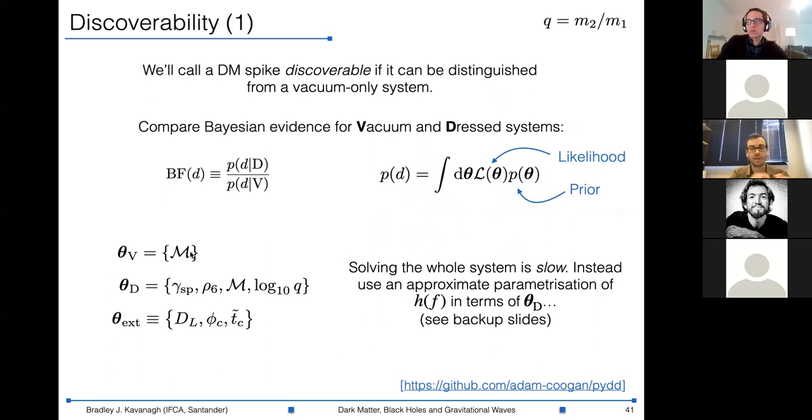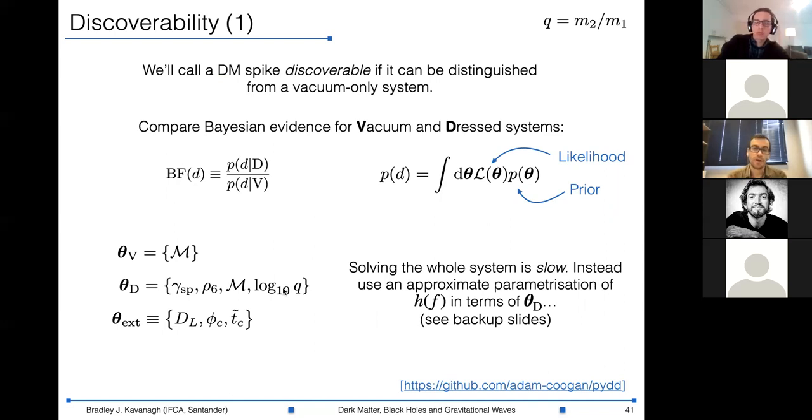So we try and fit different waveforms with different chirp masses to the data. In the dynamic case, the dressed case with dark matter, we have the properties of the spike, so the slope and normalization, the chirp mass, but also the mass ratio. It turns out that the mass ratio also affects the shape of this waveform.